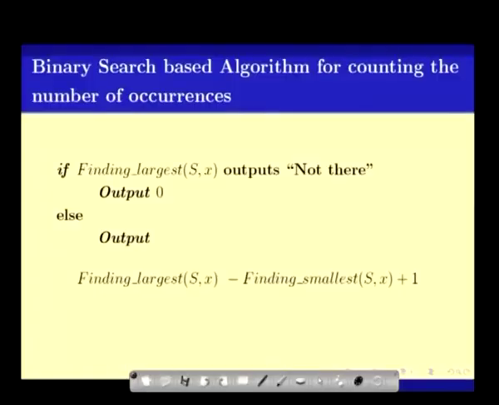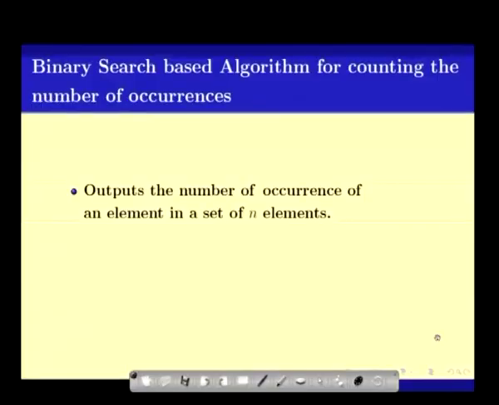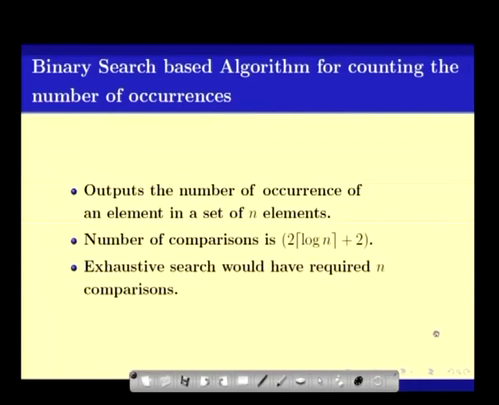Else we know this x is there, and finding the largest will output the largest index, and finding the smallest will output the smallest index, j. Then I will output the finding largest minus finding smallest plus 1. Clearly, this will give me the right answer. So, this will output the number of occurrences of an element in the set of n elements.